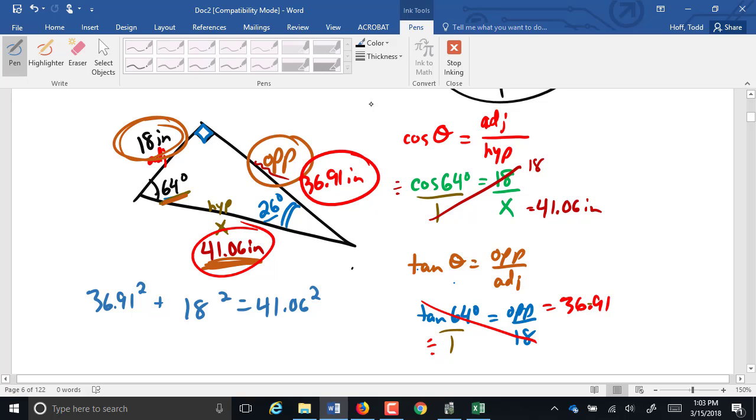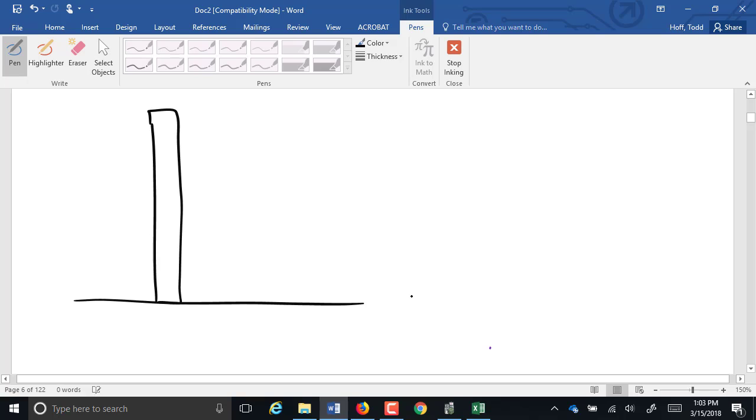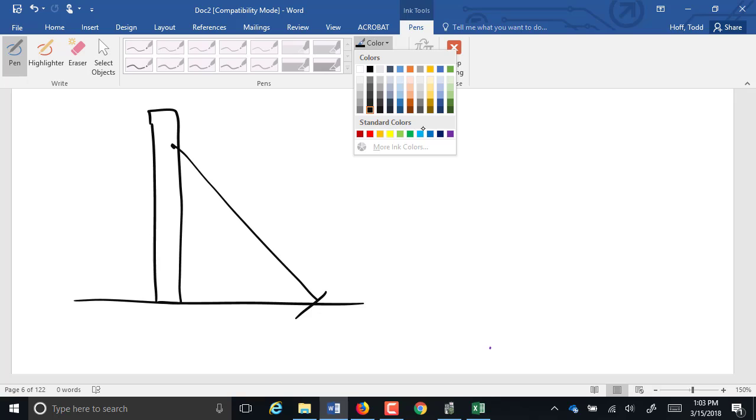So why is this important to you guys? Well, let's say you have a post that you need to reinforce, and you're going to put in a guy wire.